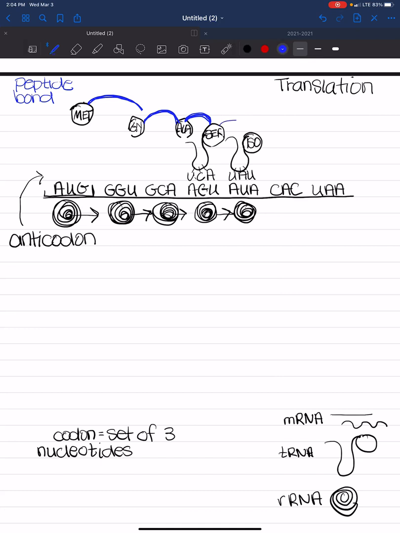Peptide bond happens between serine and isoleucine. The transfer RNA with the anticodon UCA has dropped off serine, so now it's going to leave and go pick up another serine in case it's needed.